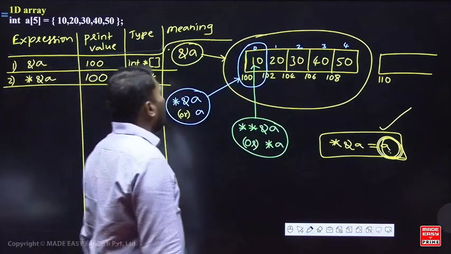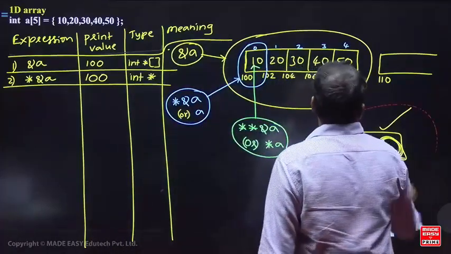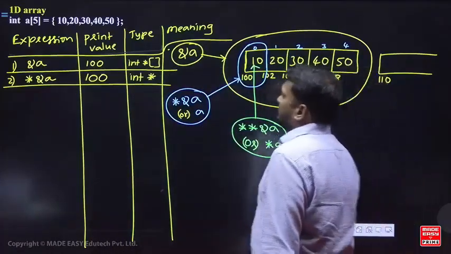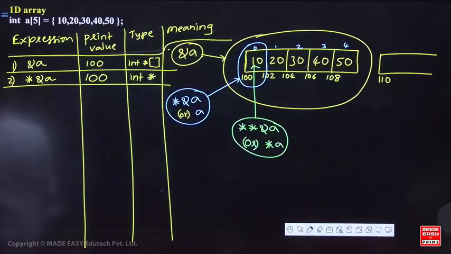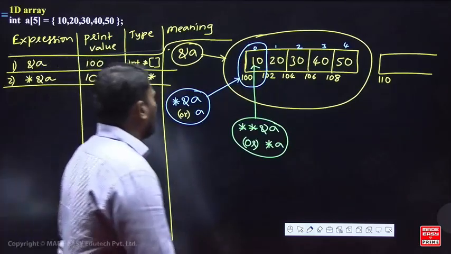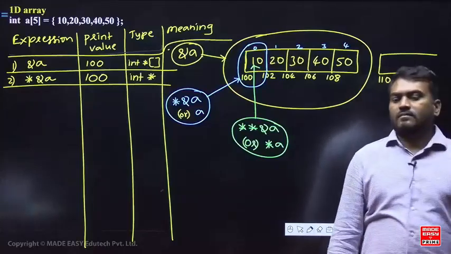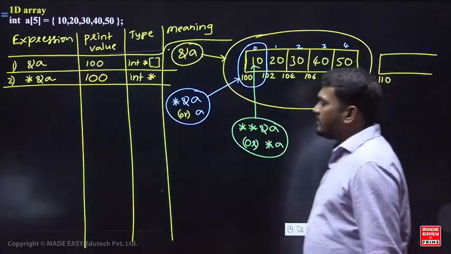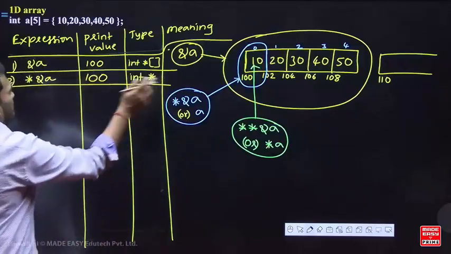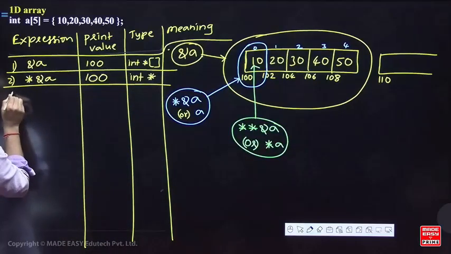The meaning is the base address of the 0th element of the array. Right, so note it down.